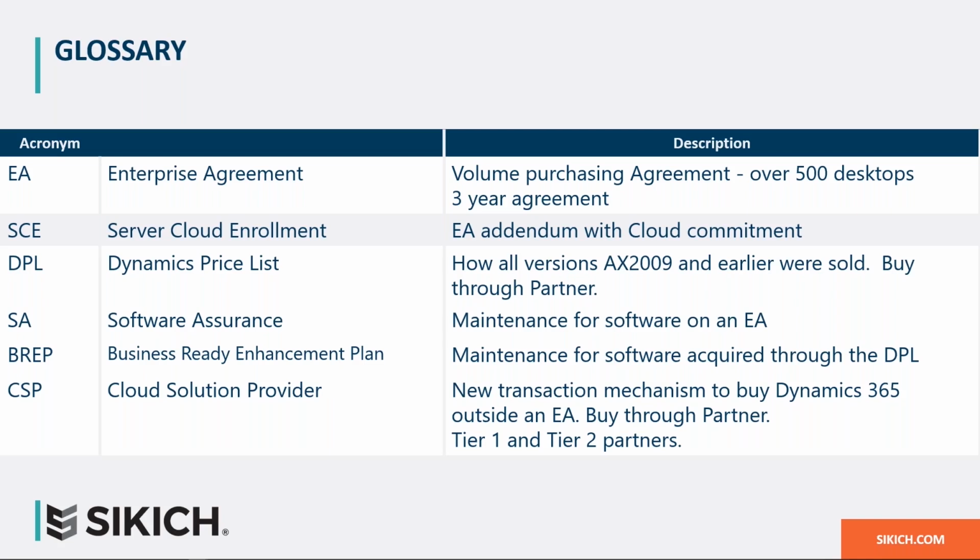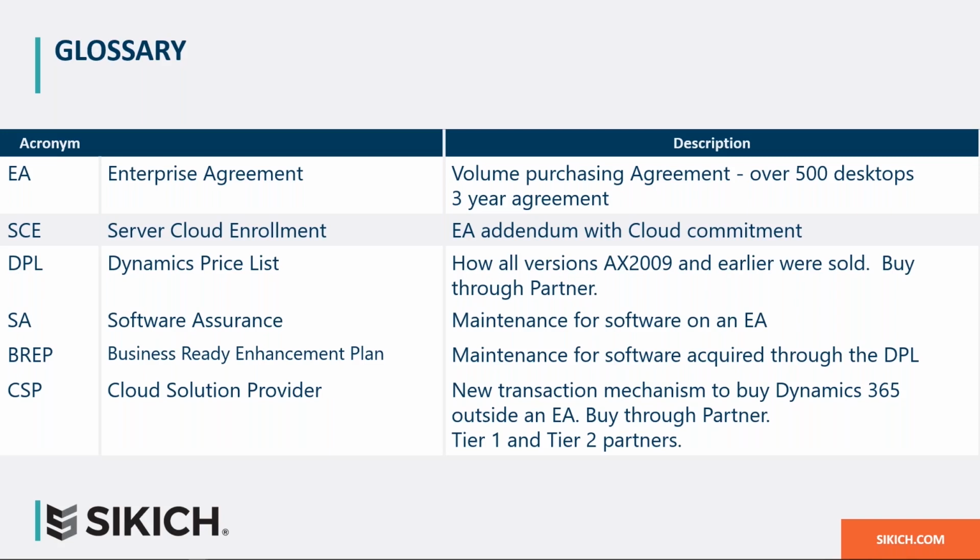So CSP, for those of you who are on AX, probably may not be familiar with it. It's a new licensing mechanism for Microsoft Cloud Services. You can buy Dynamics or Office or much of the Microsoft stack through a CSP agreement. Now, there are 2 types of CSP partner: CSP direct and CSP indirect.